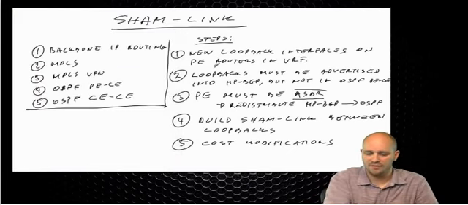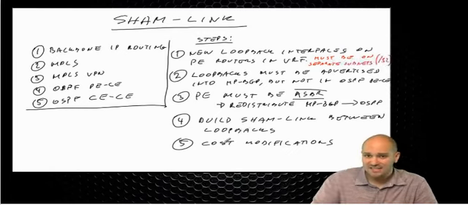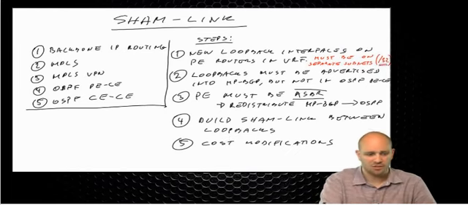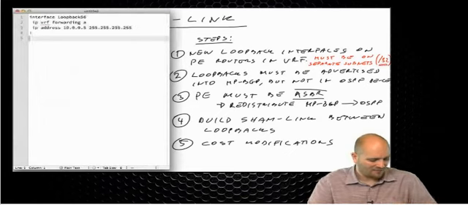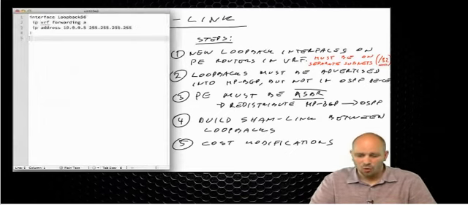So new loopback interfaces on PE routers in VRF, and these must be on separate subnets. The best way to ensure that is to actually use them as /32. Now, in some versions of IOS, there is actually a requirement for this to be /32, but I haven't seen that in recent days.